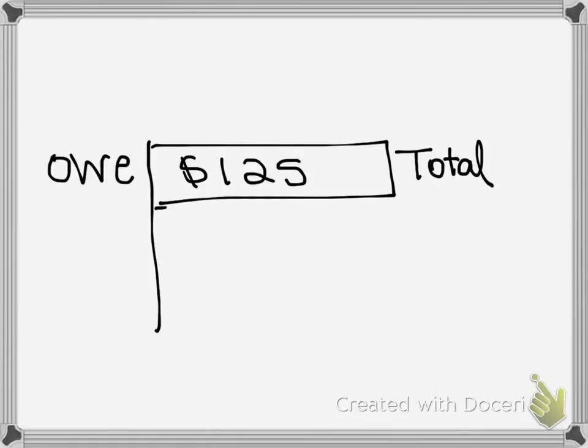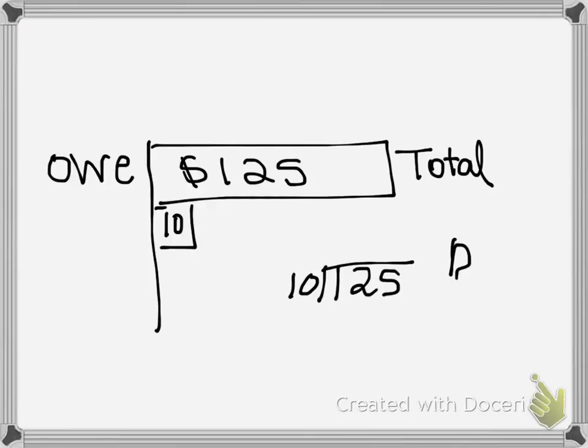Okay, now we can skip count by tens until we get to 125, or there's a faster way that we've been working on where we can do division. So let's do that. 125 divided by 10. Okay, does 10 go into 1? No. How many times does 10 go into 12? 1 time.